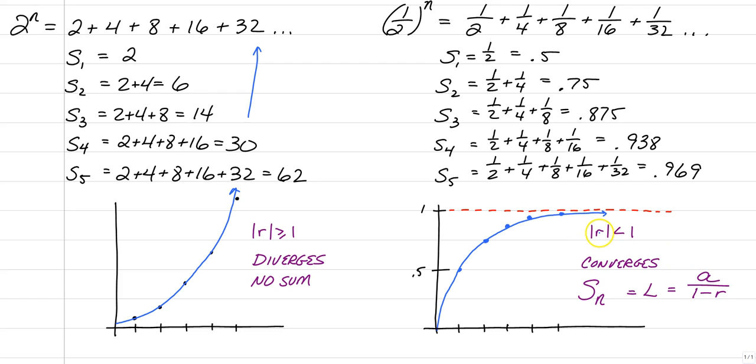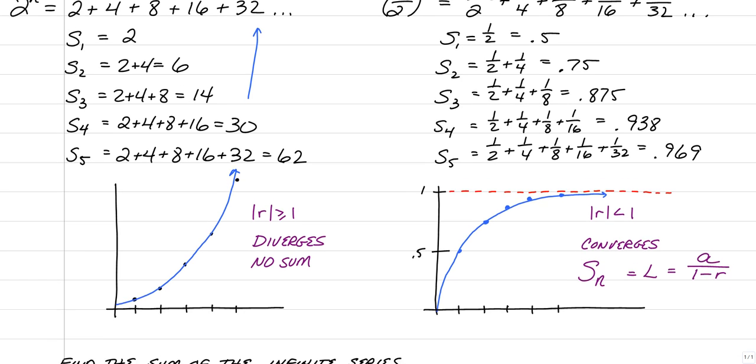But if the absolute value of the rate is less than 1, it will converge to a certain number. And that number is what we call L, which represents the sum of an infinite series, and we find that by taking the first term and dividing it by 1 minus our rate. Okay? And really that's all we need to do.